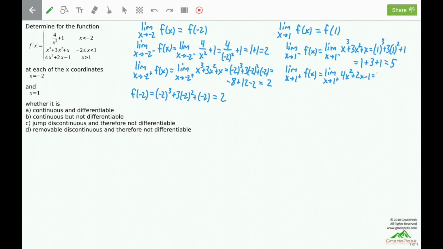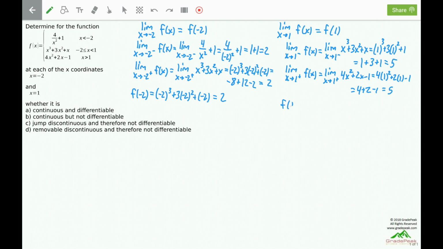We can plug a 1 in for each of the x's. 4 times 1 squared plus 2 times 1 minus 1. 4 times 1 squared is a 4. 2 times 1 is a 2. And then minus 1. 4 plus 2 is a 6, and then minus 1 will be a 5. So we have the two one-sided limits do match each other. We also need to check f of 1.